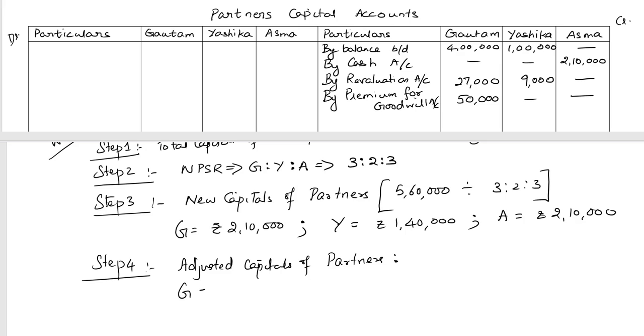In the case of Gautam, it's 4,77,000 rupees. In the case of Yashika, it's 1,09,000 rupees. And in the case of Asma, it is 2,10,000 rupees.